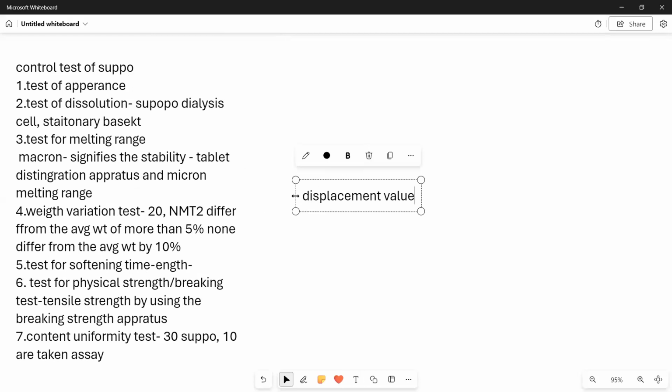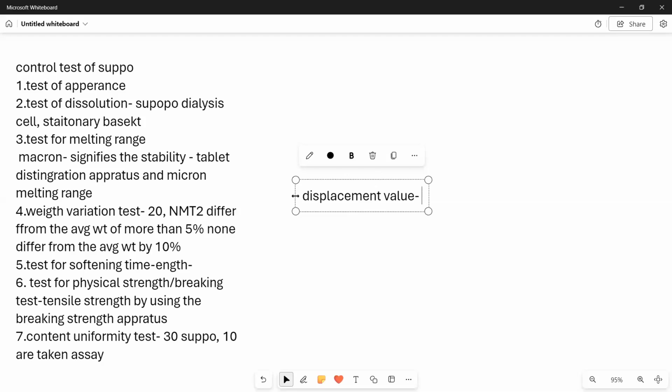The suppository base has its own density, and the drug we incorporate also has its own density. Whenever we incorporate a drug into the base, it leads to displacement of some of the base. That amount of base displaced by the addition of the drug is known as the displacement value.